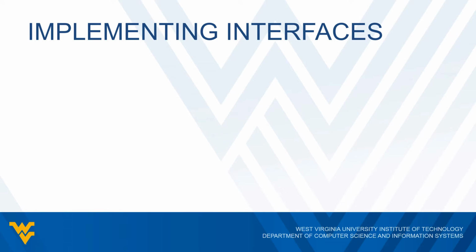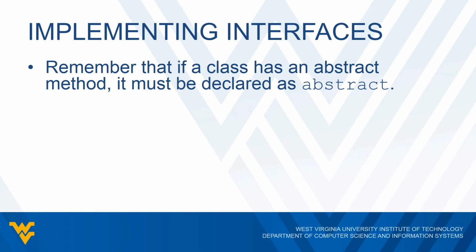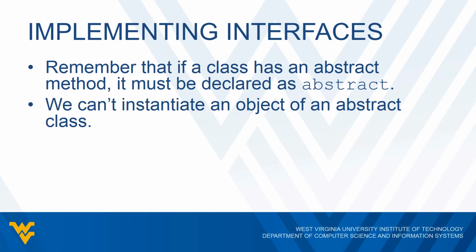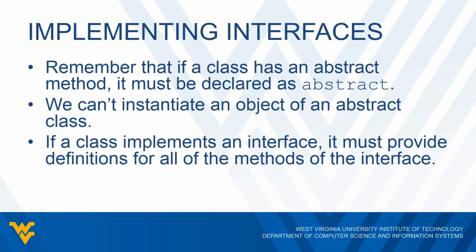Now here's the key thing to remember about implementing interfaces. So remember, an interface is technically an abstract class. And by definition, if a class has an abstract method, it has to be declared as abstract, which means that we cannot instantiate an object of an abstract class. So since an interface is technically an abstract class, if we want to actually implement an interface, we have to provide definitions for every single method of the interface.